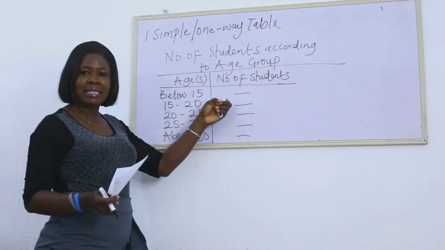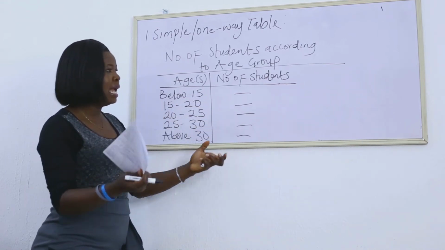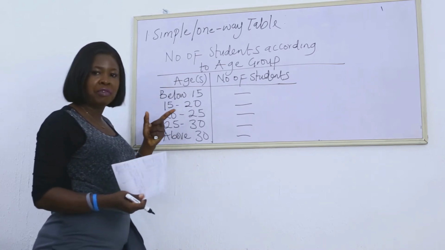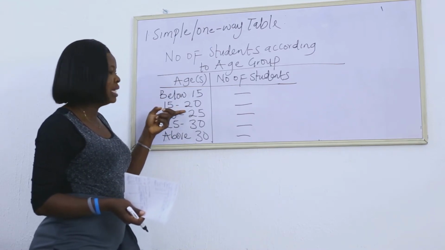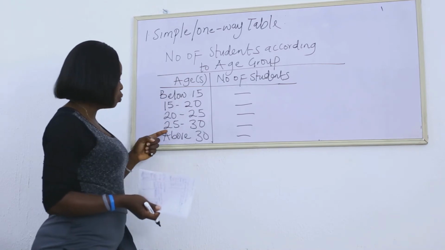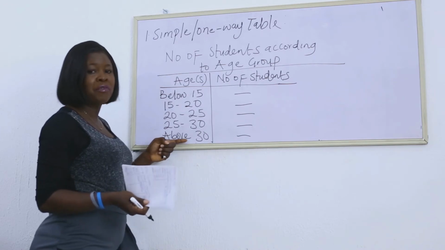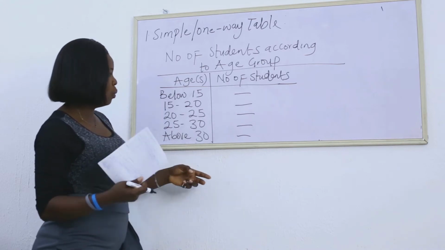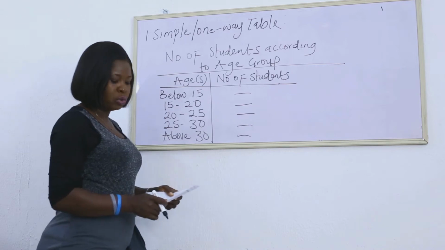And what is the characteristic this table is showing? It's showing the ages of students in a particular setting. Some students can be below 15, while some will be between 15 and 20, some between 20 and 25, some between 25 and 30, and some might be above 30, depending on the kind of institution and the classification we are making. Because this is just an example, I have not attached figures to all this.